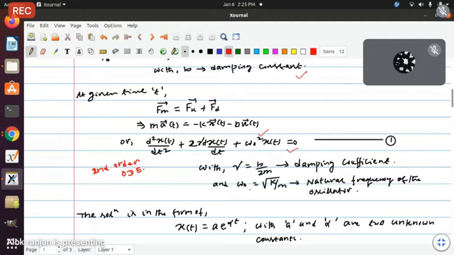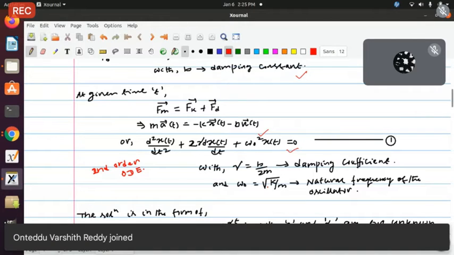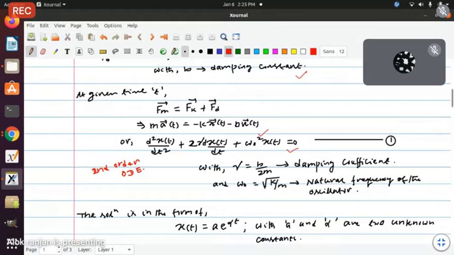And omega naught, we have already seen, is the frequency associated with the oscillator. When the oscillator is free from other forces, for example damping force or external applied force, that would be the natural frequency of the oscillator. Because there are no forces acting on the oscillator, it is called the natural frequency of the oscillator.